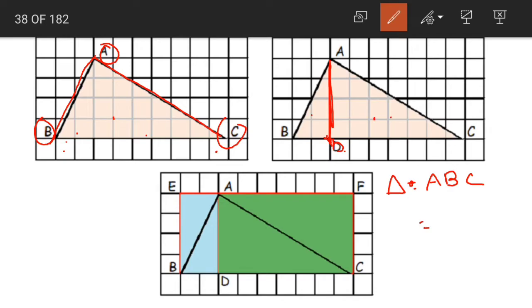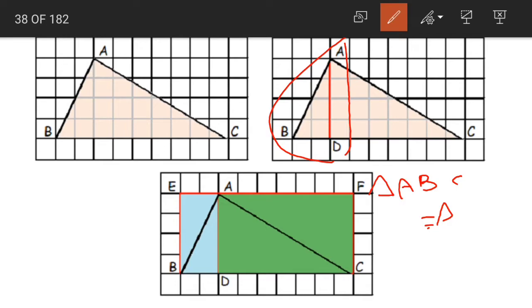So the area of our triangle ABC will be equal to the area of these two triangles. Yes or no, children? Area of triangle ABC is equal to the area of triangle, what is this triangle's name? It can be ABD or ADB. Let us take ABD plus, what is the other triangle's name?